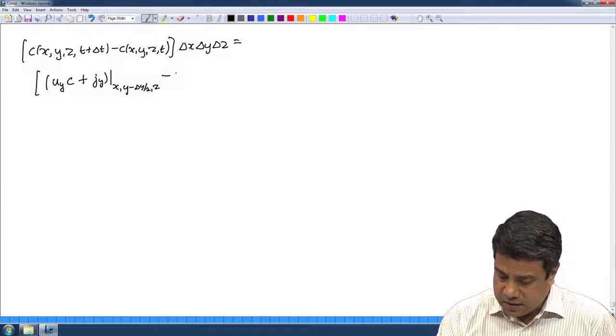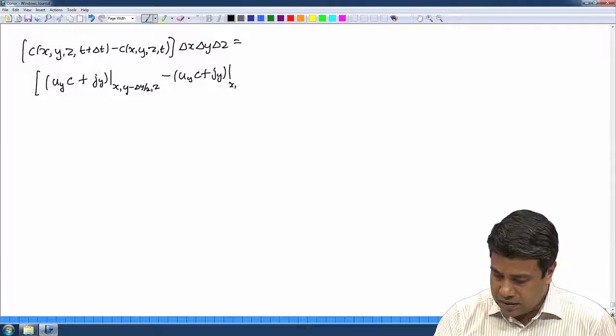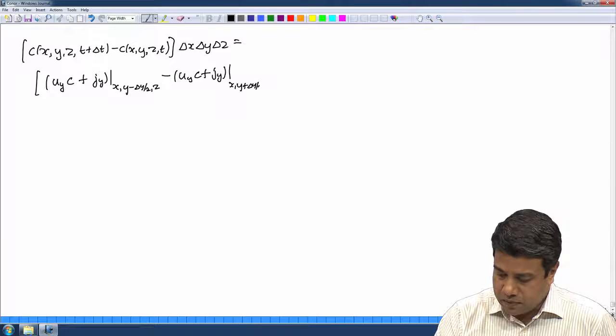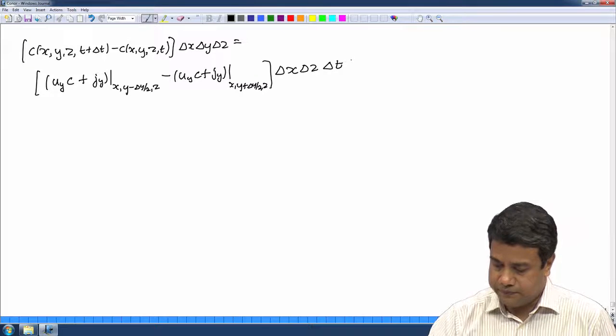The flux leaving is u_y c plus j_y at (x, y plus delta y by 2, z). The whole thing has to be multiplied by the perpendicular area delta x delta z times time.